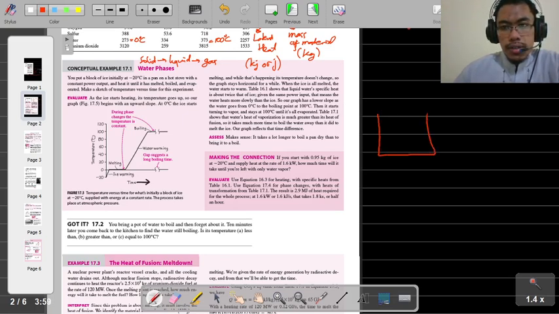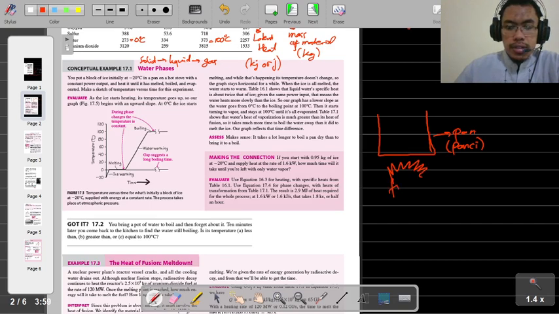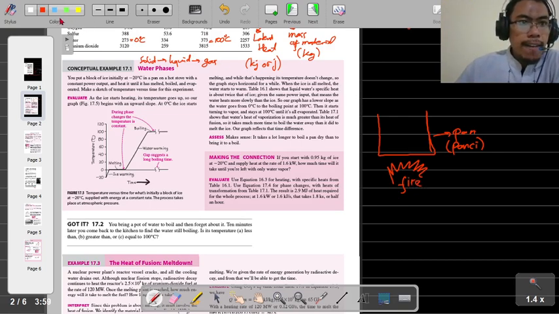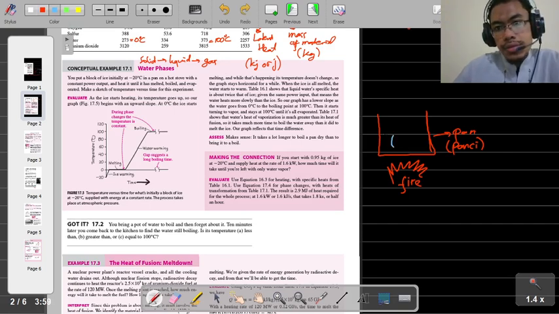So this is the pan. Or in bahasa Indonesia it is called panci. And then we heat it using fire. And then we have an ice block here.